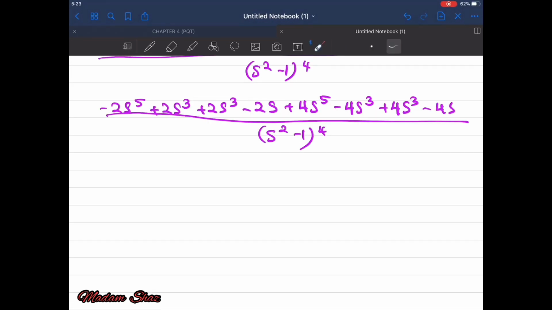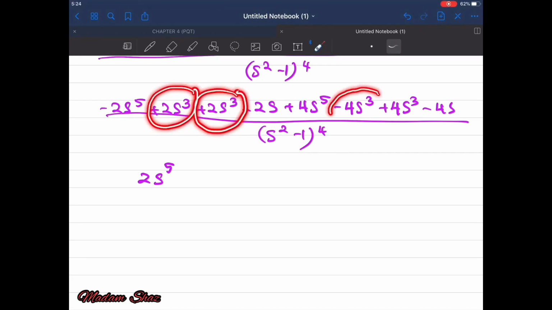So if you have any term with the same power, you have to simplify. So negative 2s the power of 5, positive 4s the power of 5. So negative 2 plus 4 will become 2s the power of 5. Positive 2s cubed, positive 2s cubed, negative 4s cubed, positive 4s cubed.